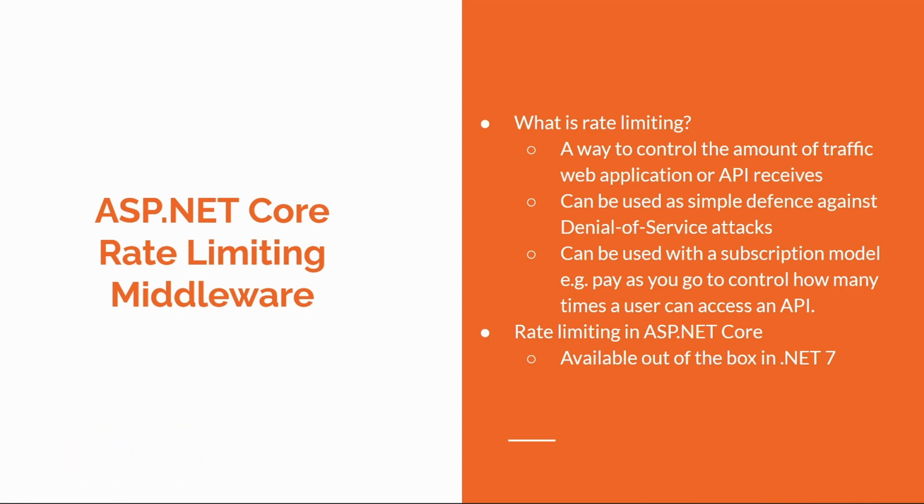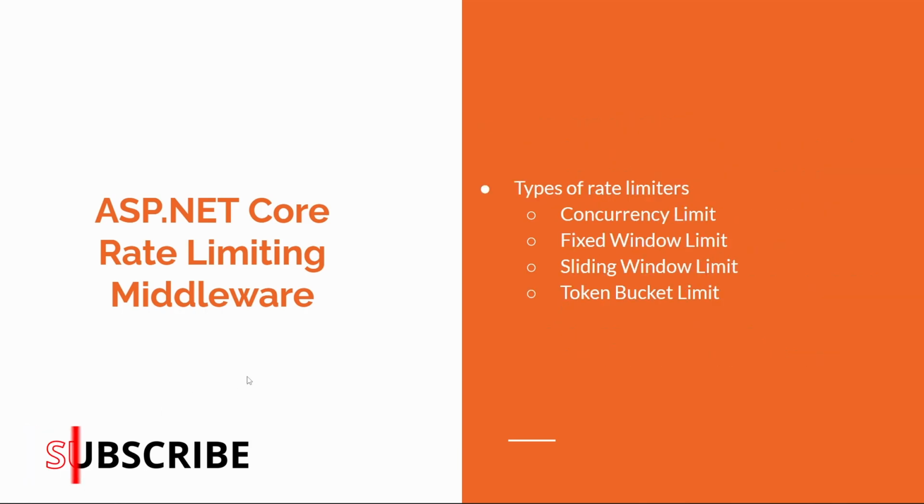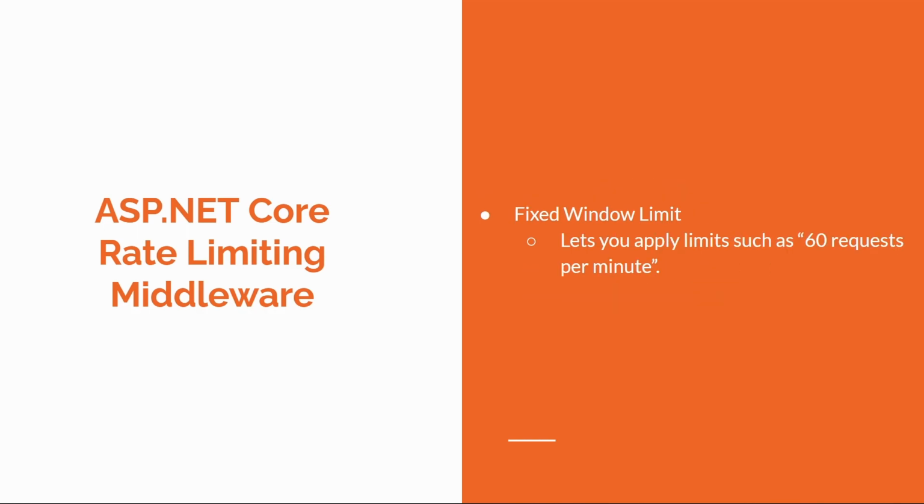In .NET 7, rate limiting is available out of the box. There are different types of rate limiters: concurrency limit, fixed window limit, sliding window limit, and token bucket limit. So in this video, we'll talk about fixed window limit. Fixed window limit lets you apply limits such as 60 requests per minute.